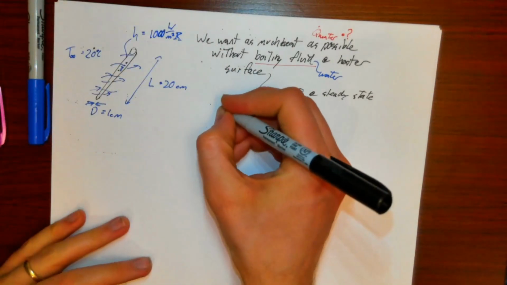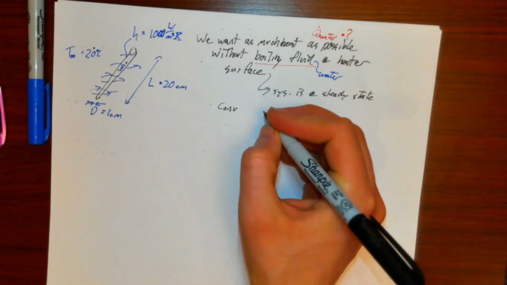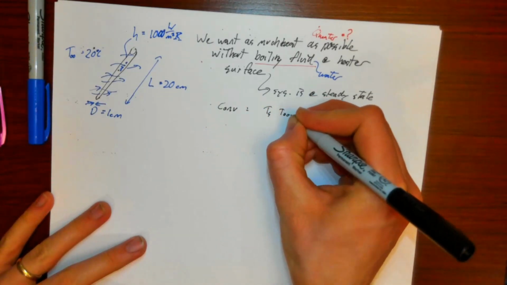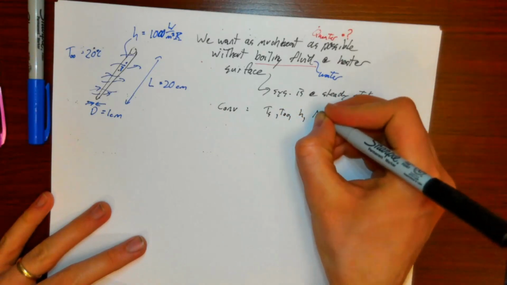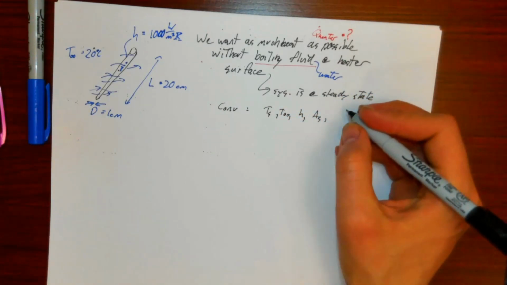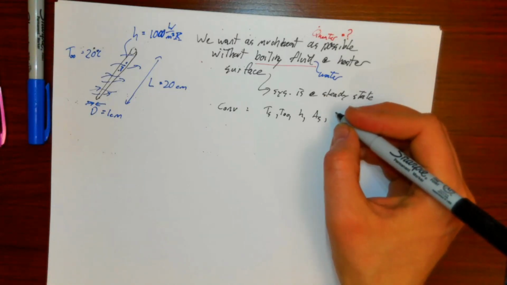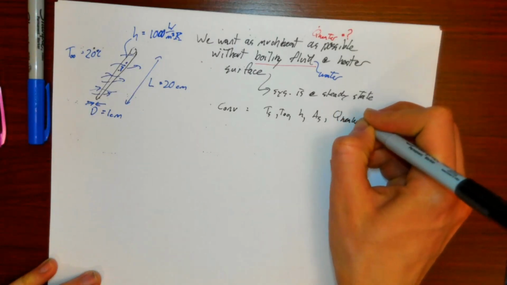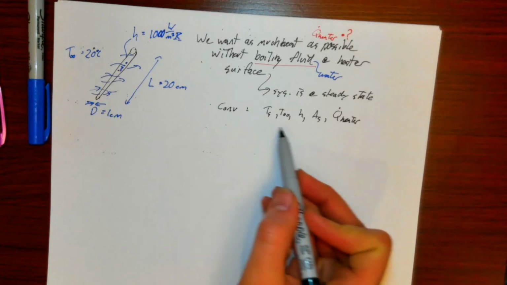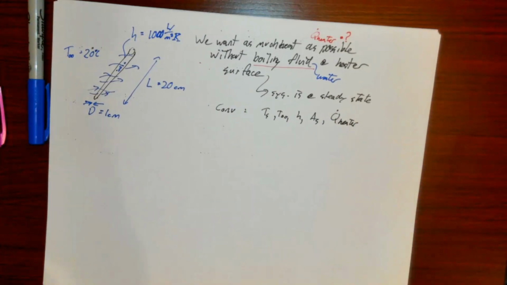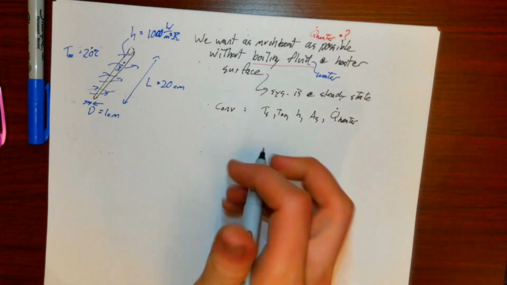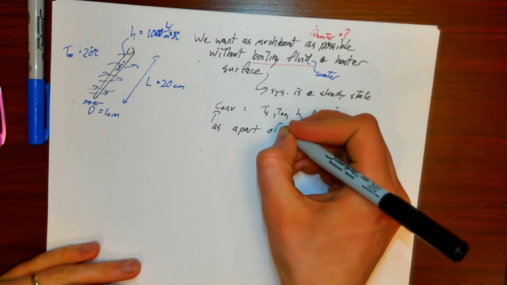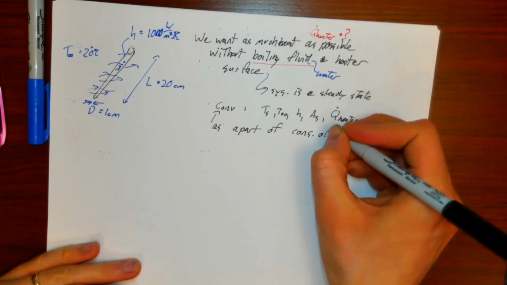So our problem-solving strategy is going to center around convection, which basically gives us a relationship between T surface, T infinity, H, the surface area, and the heater power. So convection will kind of give us a relationship between all these. Strictly speaking, it's not convection alone, but convection as a part of conservation of energy.